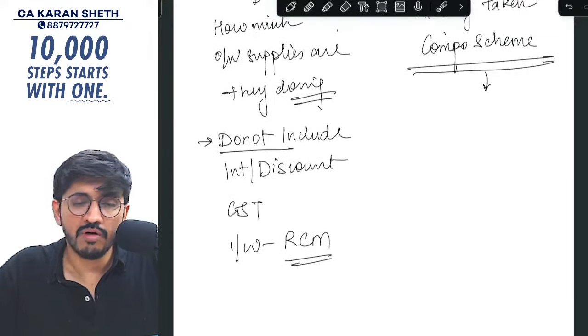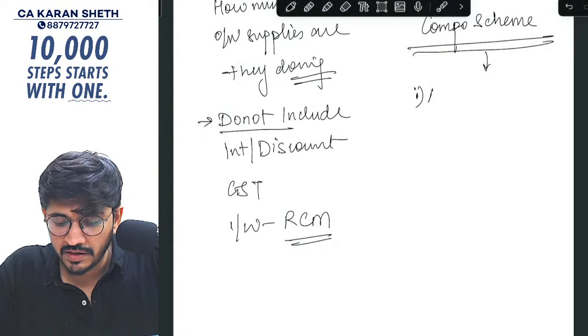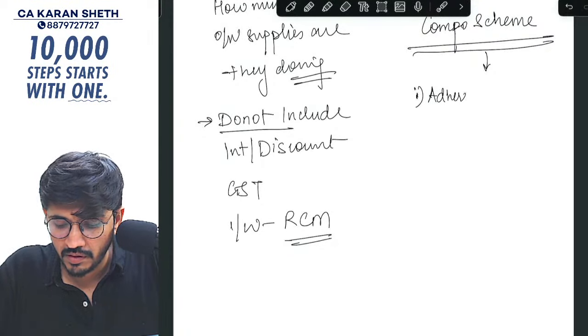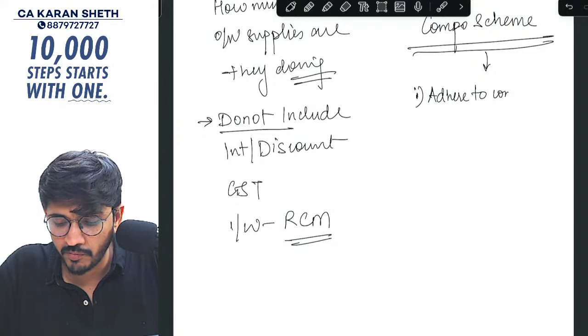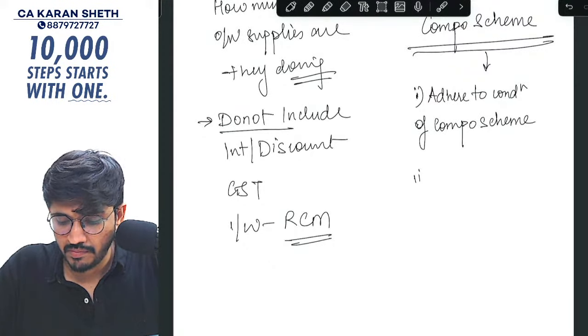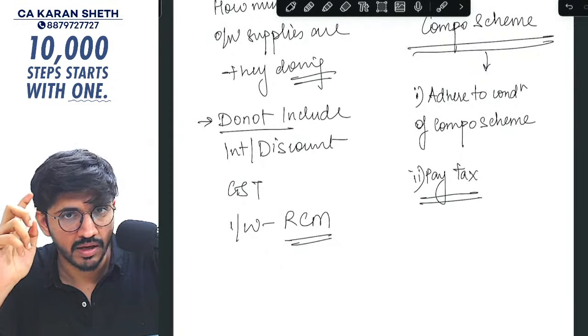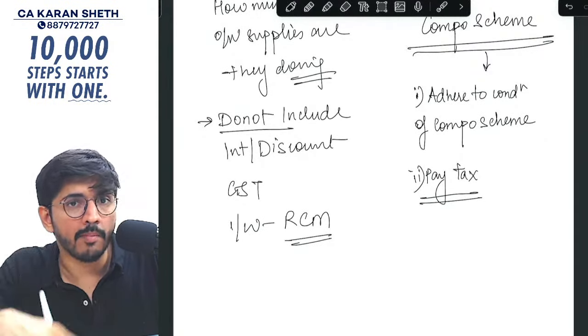Correct? Now you have to first adhere to the conditions of the compo scheme, and second, pay tax as per the compo scheme. Okay, pay tax as per the compo scheme.